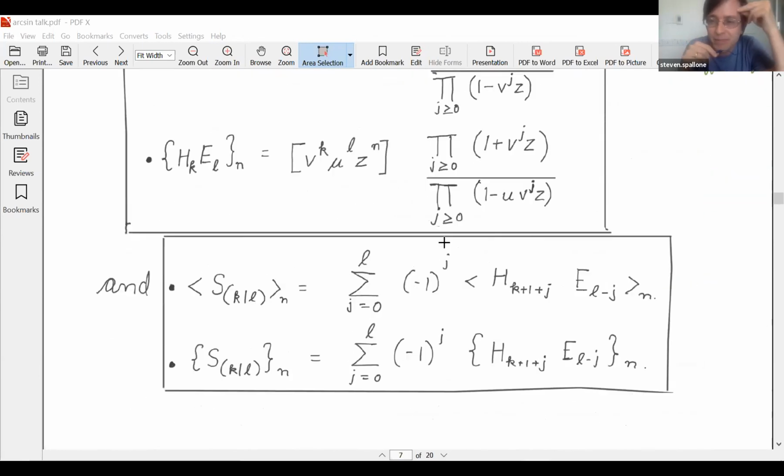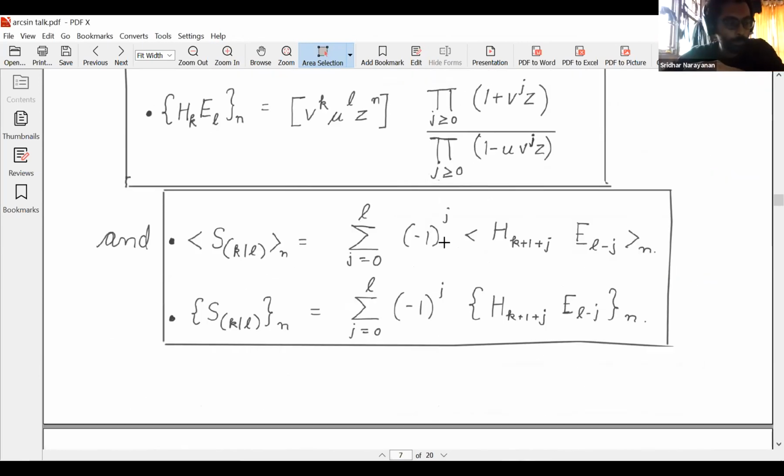Any other question? Okay, let me ask a question. A lot of this comes from this formula for S sub hook in terms of the alternating sum of H's and E's, right? So is there some generalization of that formula to other partitions, or is that unique? Well, you have the Giambelli identity, so you can express the Schur function for any representation in terms of a product of hook shapes and an alternating sum over those products.